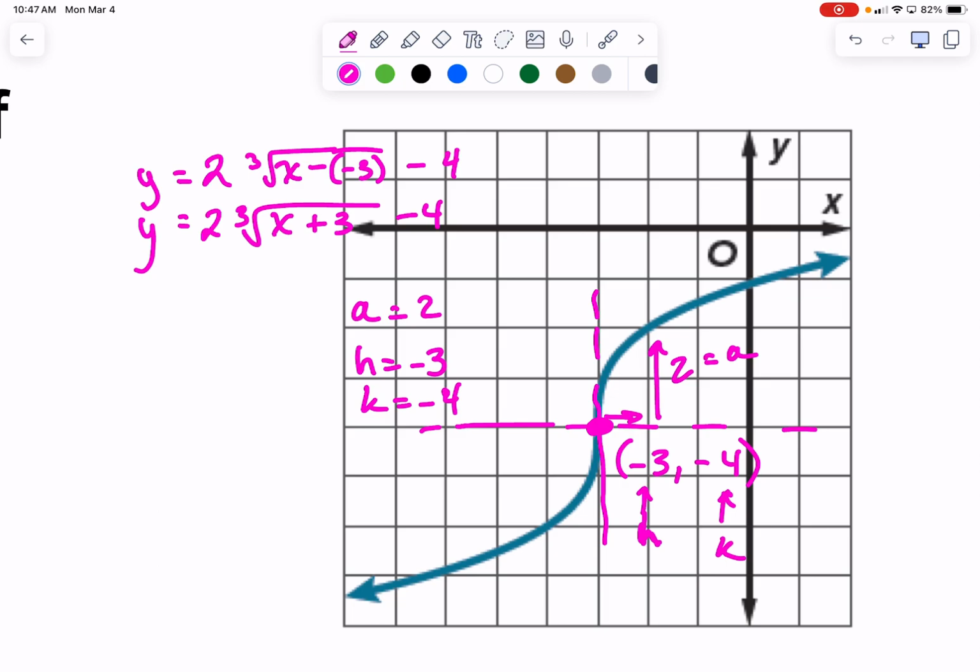The negative 4 is because that point there, the inflection point, is the point negative 3, negative 4. Because it's the full squiggle instead of half squiggle. Right? How do I know it goes back down?